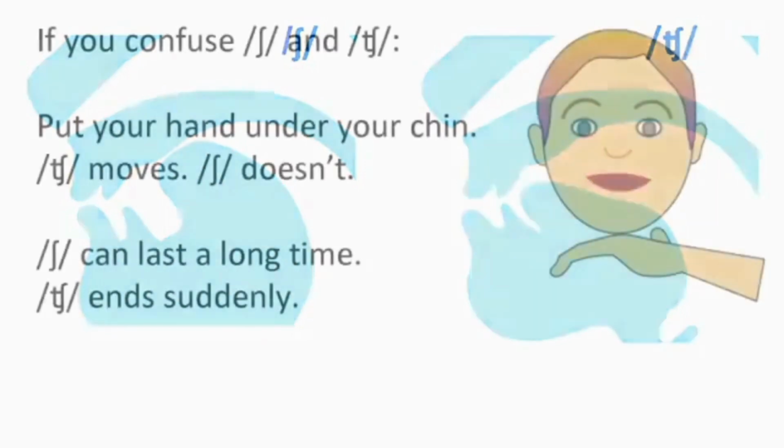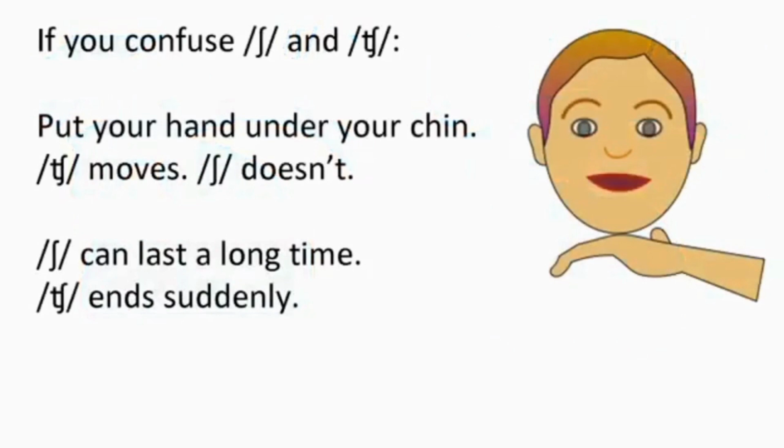Feel the movement of your tongue. When you say sh, your tongue doesn't move, and it never quite touches the top of your mouth. When you say ch, your tongue moves. It touches the top of your mouth, then pops open. If you sometimes confuse sh and ch, try this.